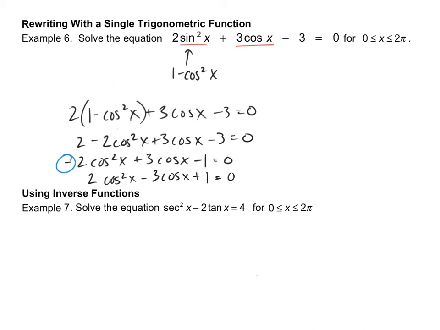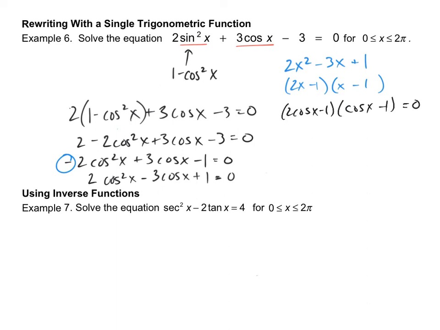Alright, so this may look a little bit like 2x squared minus 3x plus 1. So when I factor that, it is 2x and x, and then I have minus 1 and minus 1. If I replace those with my cosine of x, then I get 2 cosine x minus 1 and cosine x minus 1 equals 0.